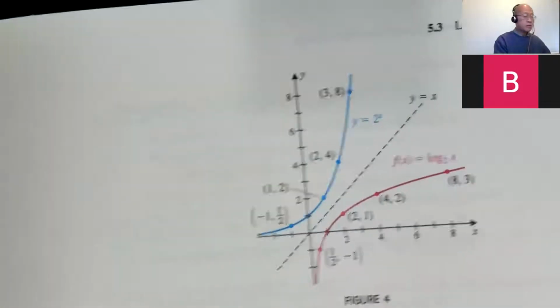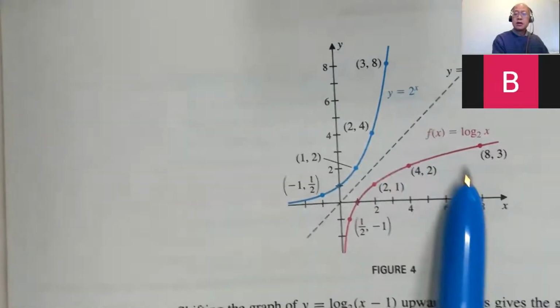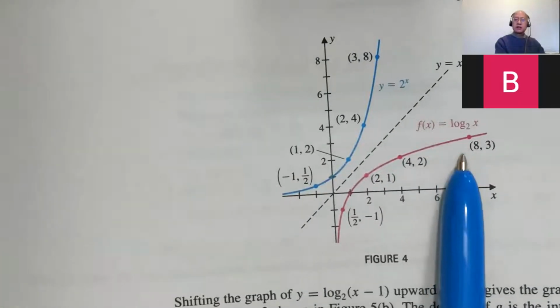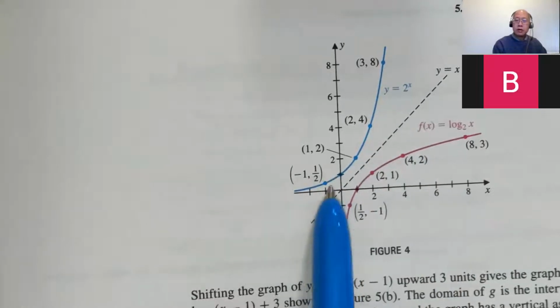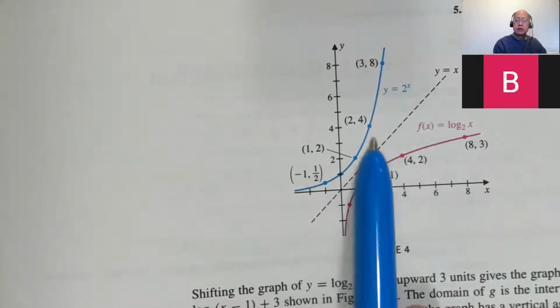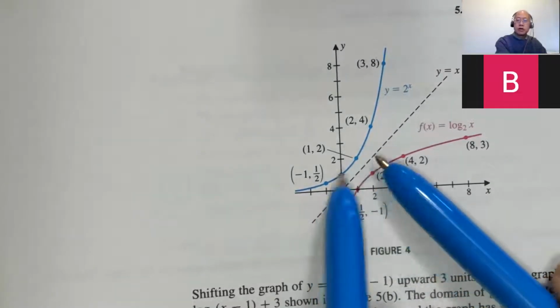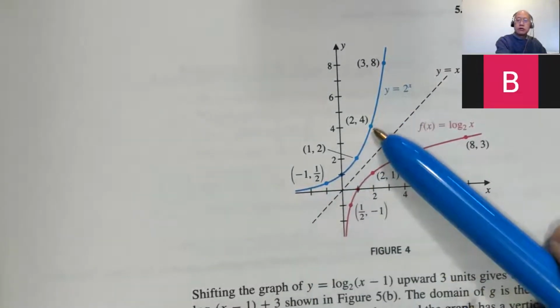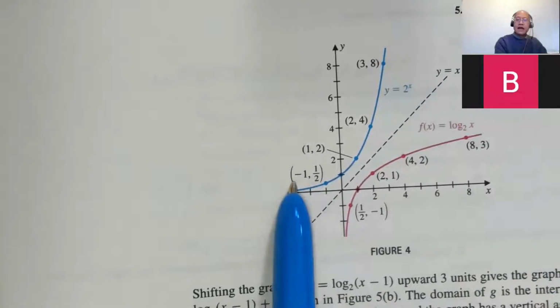And here's the reflection property. 2 to the x, log base 2 of x. 2 to the x: 0, 1; 1, 2; 2, 4; 3, 8. 2 to the 0 is 1, 2 to the 1 is 2, 2 squared is 4, 2 cubed is 8. 2 to the negative 1 is a half.